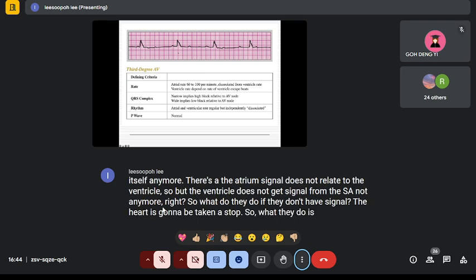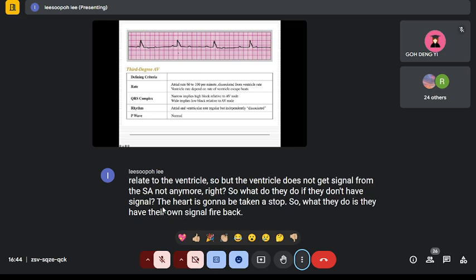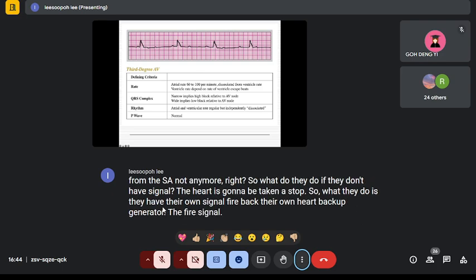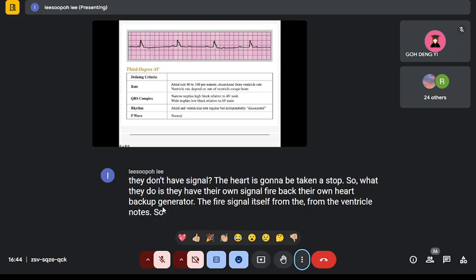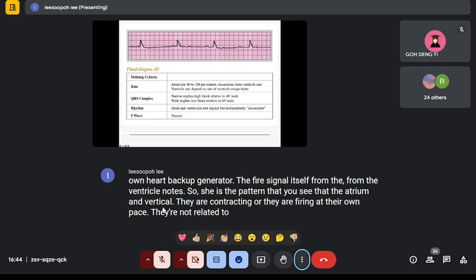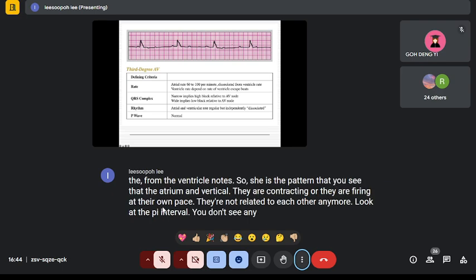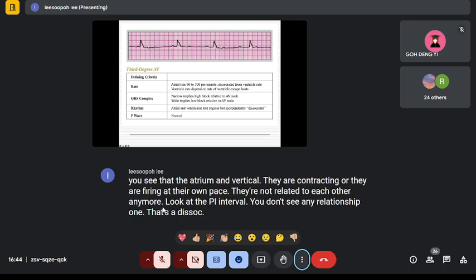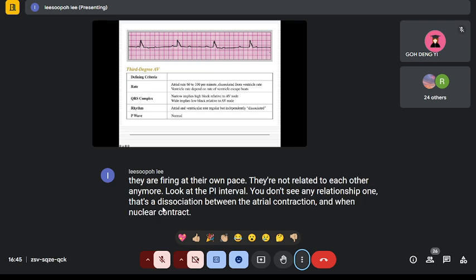So what they do is they have their own backup generator, which will fire signal itself from the ventricular node. So here is the pattern you see: the atrium and ventricle are firing at their own paces. They are not related to each other anymore. You look at the PR interval, you don't see any relationship. There's a dissociation between the atrial contraction and the ventricular conduction.